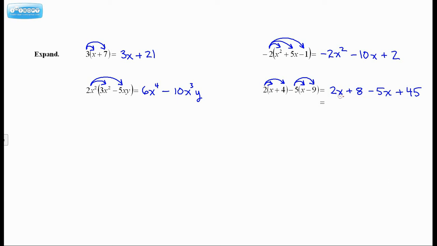So I have 2x and a negative 5x. Combining those together gives me negative 3x. Here I have plus 8 plus 45. I'll put those together. I get plus 53. And we're done.